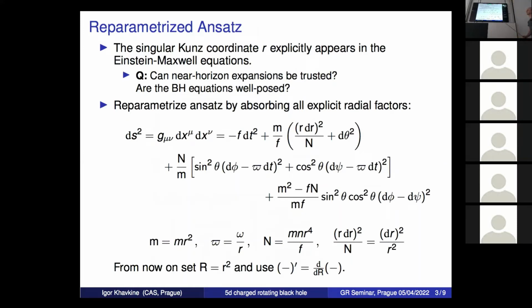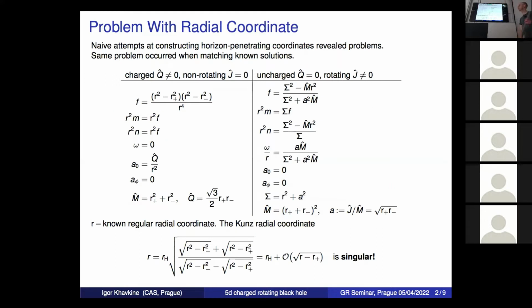Actually, one thing you can note is that if you move around some factors of the Kunz radial coordinate, you can group them together with the parametrizing functions in such a way that these combinations are all regular.